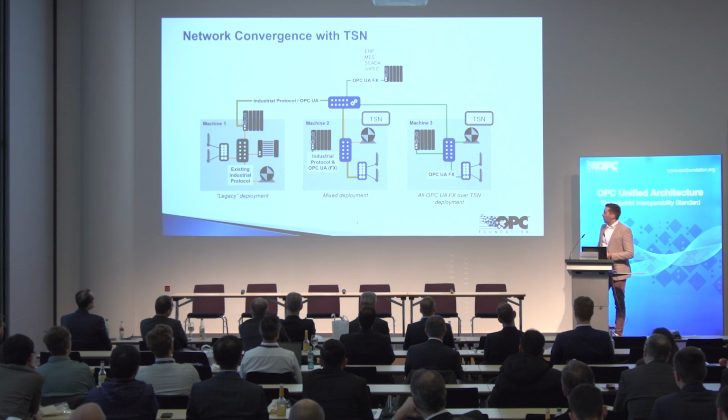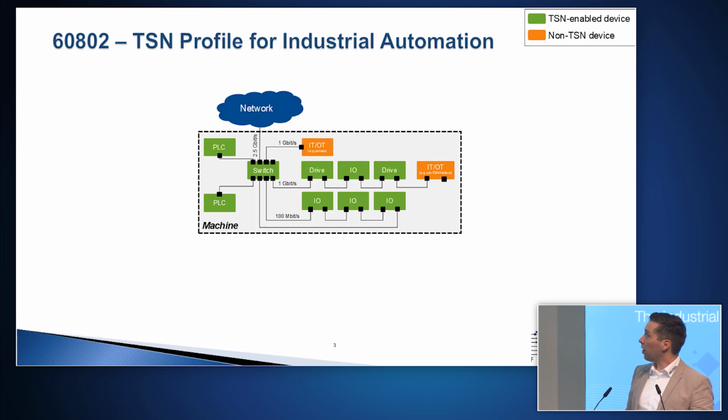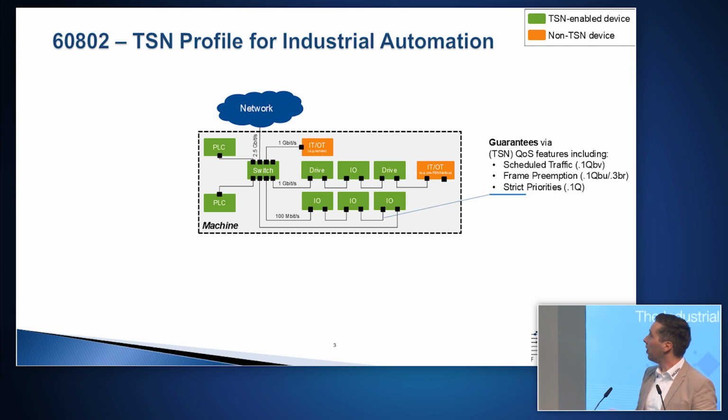So if we look at TSN, TSN is always a broad term. Let's have a look at what we actually want to use here. 60802 is a standard defined in the IEC/IEEE, and it defines a profile for industrial automation. From this whole big cloud term TSN, it selects a few different things. First, it selects a few mechanisms to give you guarantees.